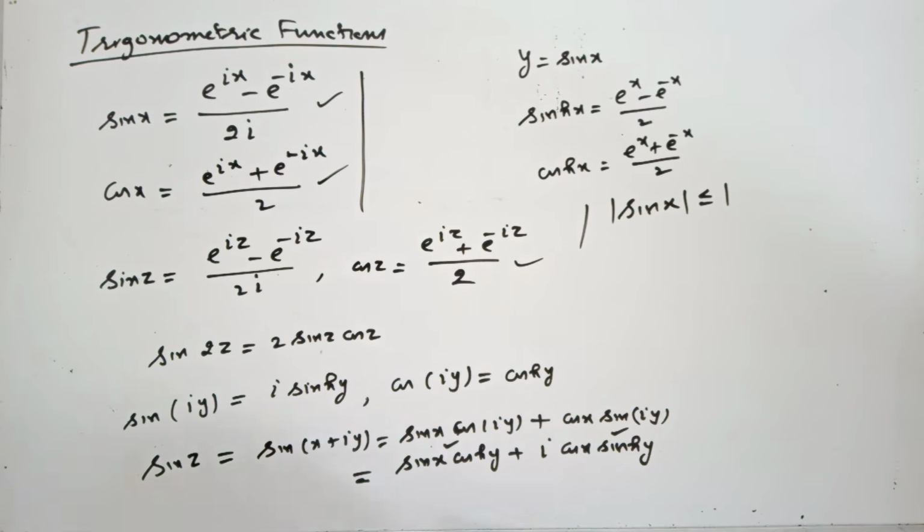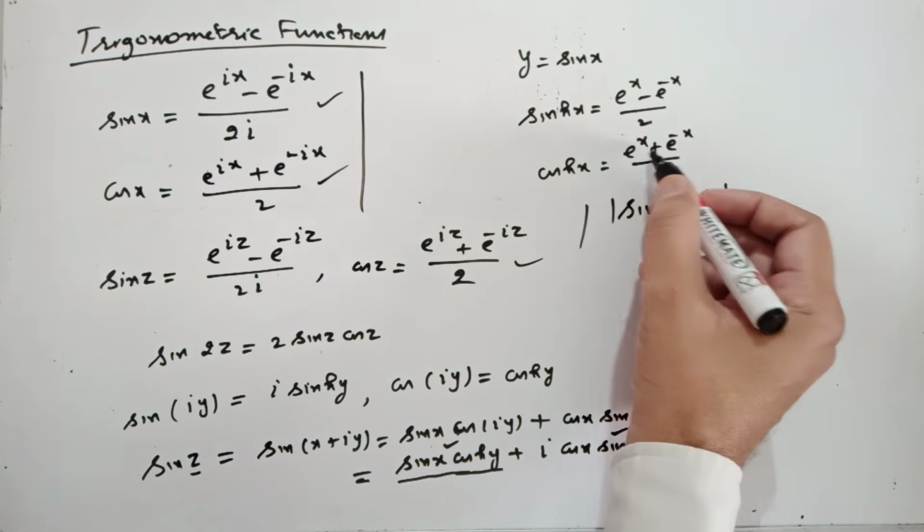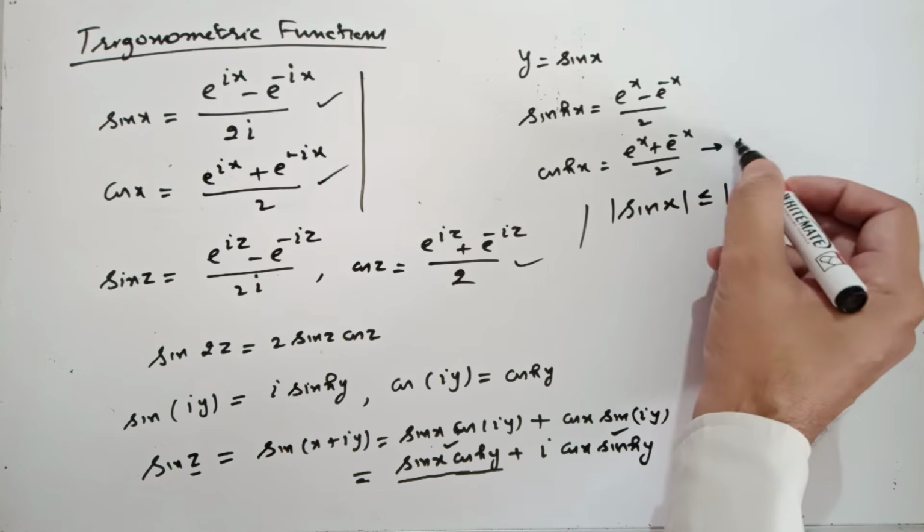Why? Because this z is any complex number. It is lying anywhere in the complex plane. Y could be as large as you want. But as y goes to infinity, this part goes to infinity. Am I right?